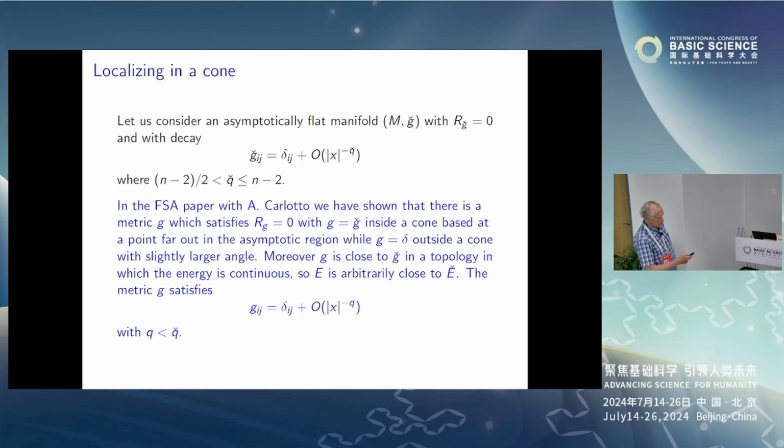So in fact, the energy of the localized solution is arbitrarily close to the energy that we started with. Okay, and so actually in our proof we lost a little bit of decay. So this is true for any q strictly less than q check.